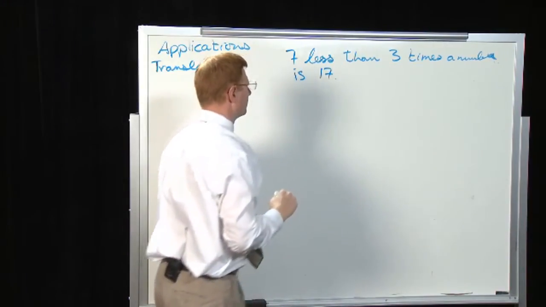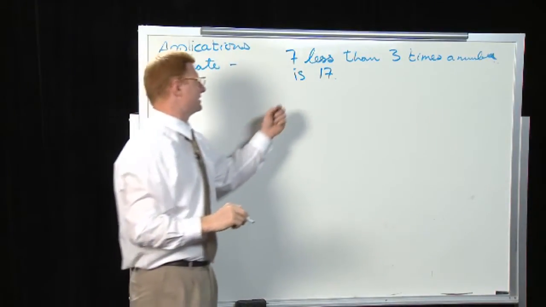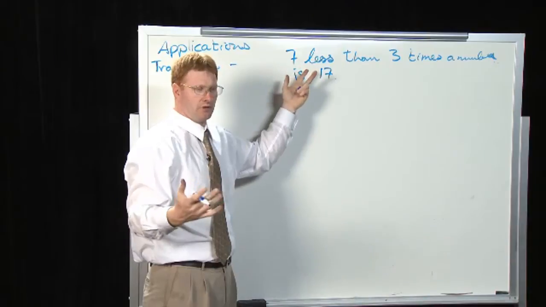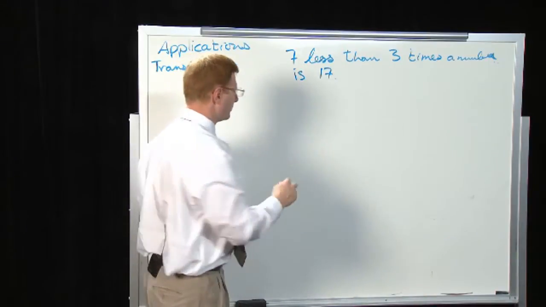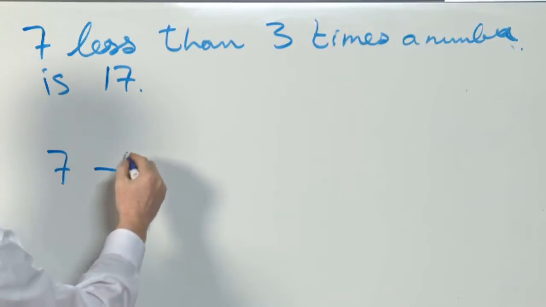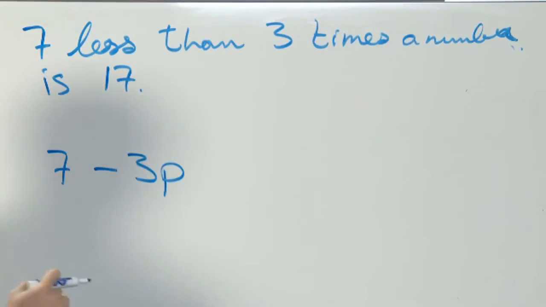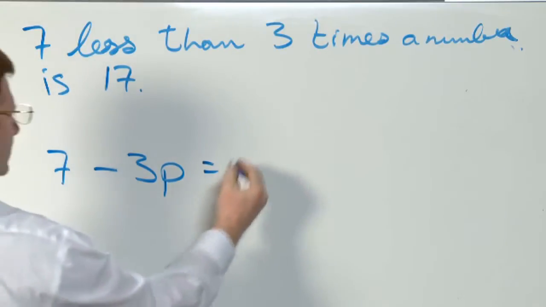What is the number? The reason is less than, you think that, well, obviously that's subtraction. So many people will write 7 less than 3 times a number. We're going to pick P because that's, I don't know, pick a variable, P equals 17.